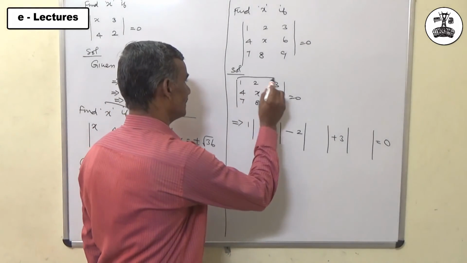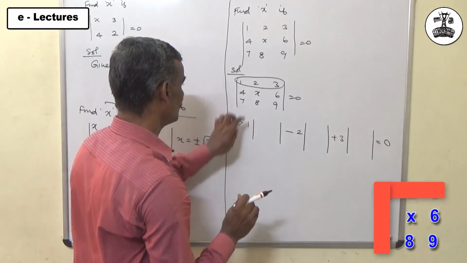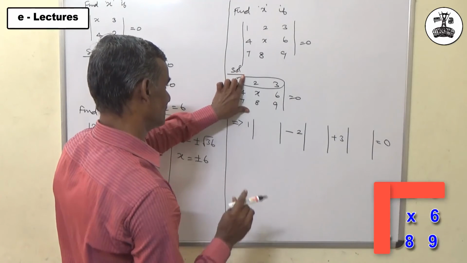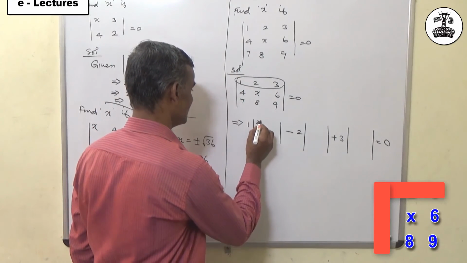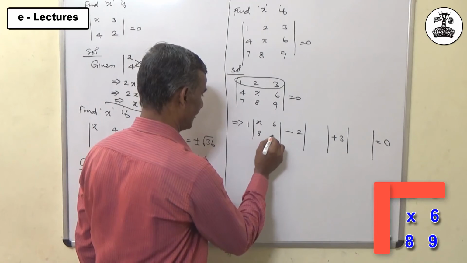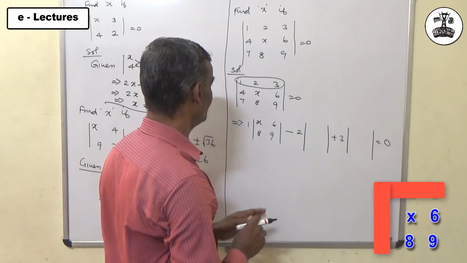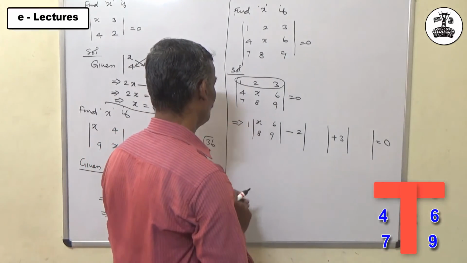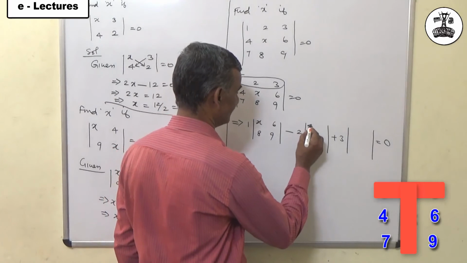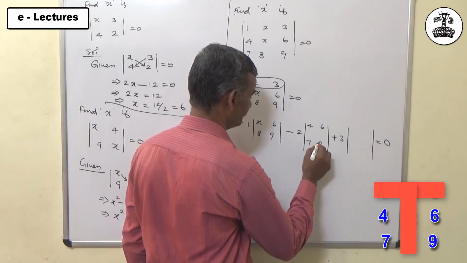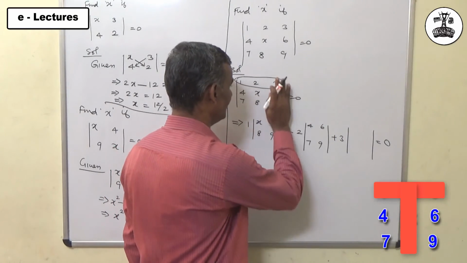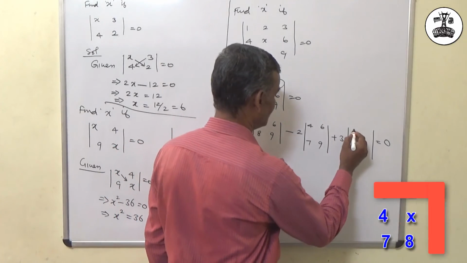We expand with respect to the first row. So covering the first column we get x, 6, 8, 9, minus 2 into, covering this, 4, 6, 7, 9, plus 3 into, covering this, 4, x, 7, 8.